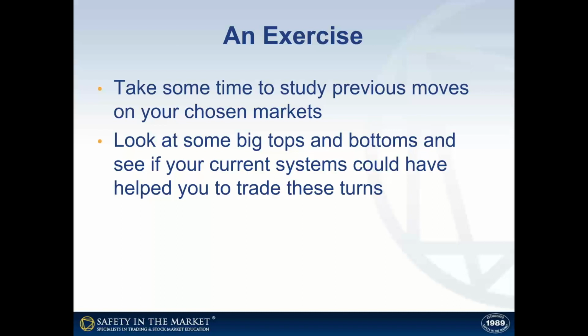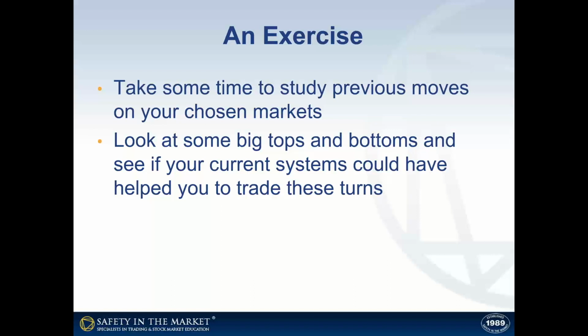Firstly, I'm asking you to look at the big tops and the big bottoms. In between, from say a big top down to a big bottom, you're also going to have a big downtrend in the market. So there are a few things that you're looking for here. You want to ask, could my system have helped me to trade with the trend as this market fell from the top down to the bottom?